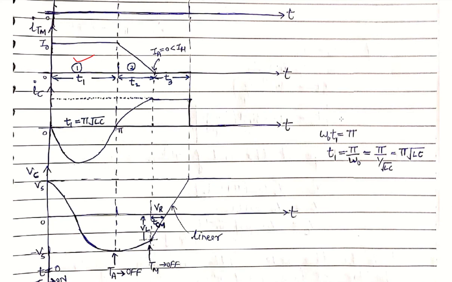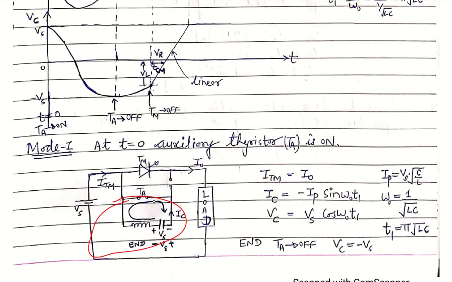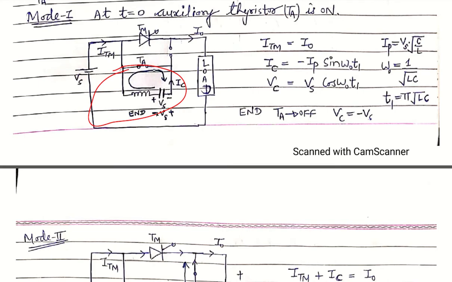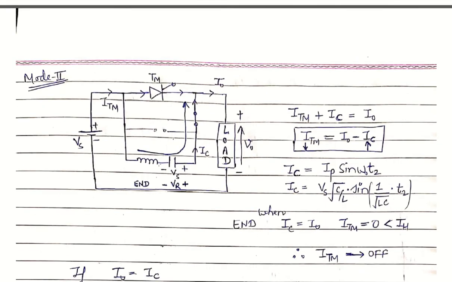Now we will see the second mode, in which thyristor Ta is off and thyristor Tm is in the on condition. At the end of the first mode the capacitor has the polarity of minus plus Vs, so we put this polarity into the second mode. In this case the auxiliary thyristor is off, so it is an open circuit.